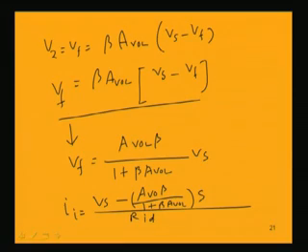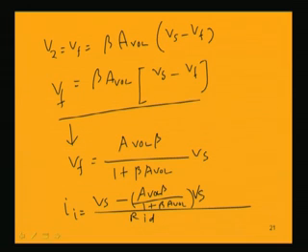Simplifying this further, we get Vs divided by, in the denominator 1 plus beta times AVOL, and in the numerator 1 plus beta times AVOL minus beta times AVOL.